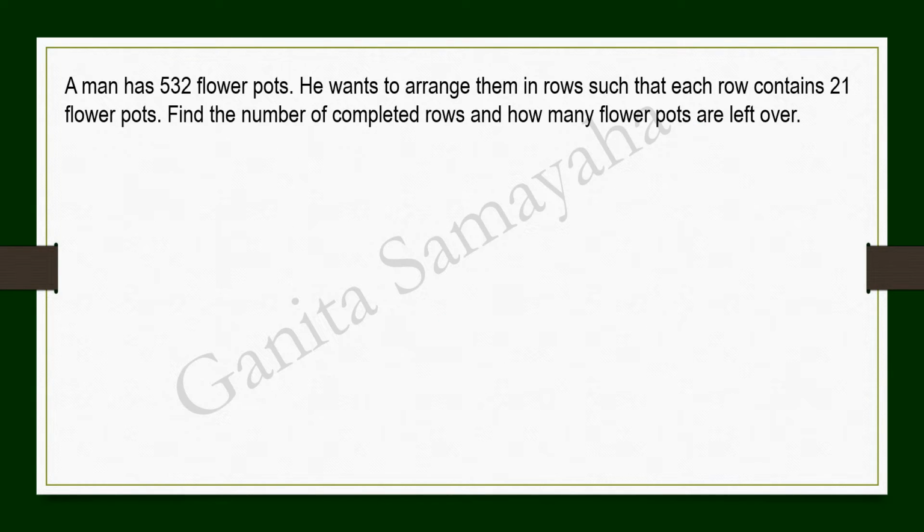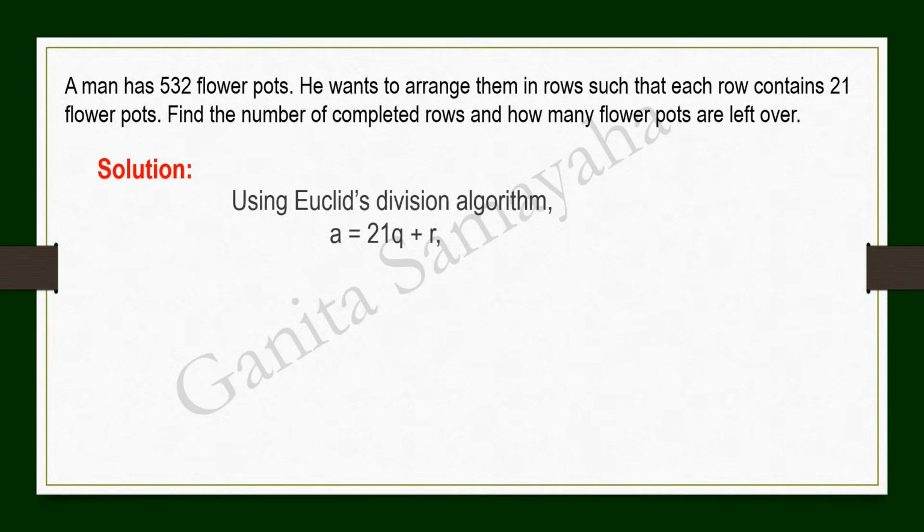So this is a very simple problem. We have to simply divide 532 by 21 to get the number of rows. That's all. But we use our Euclid's algorithm and try to solve this problem. Okay. So the solution goes like this. Using Euclid's division algorithm, we can write a is equal to 21 into q plus r. 21 because 21 is our divisor, isn't it?